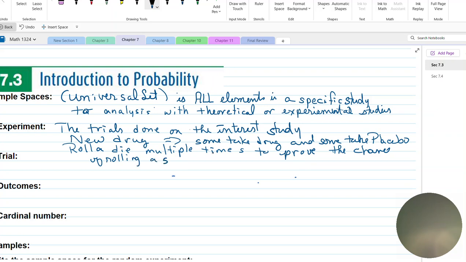So we know that the die has 1, 2, 3, 4, 5, and 6. And each one is likely to happen. This is the universal set. And we want the 5. Well, there's only one 5 out of 6 sides. So we want to make sure we do enough tests to say that, yes, it's true. We have a 1 in 6 chance to get a 5 rolling a die. Okay, those are trials.